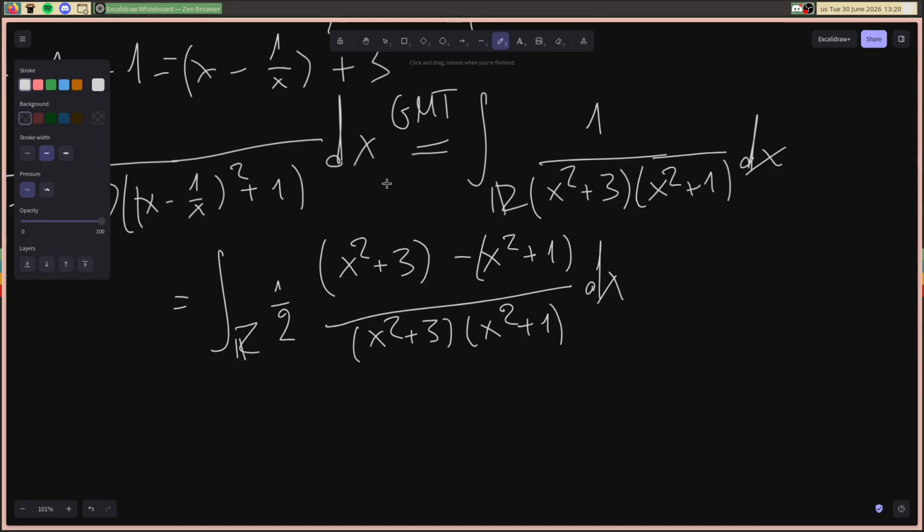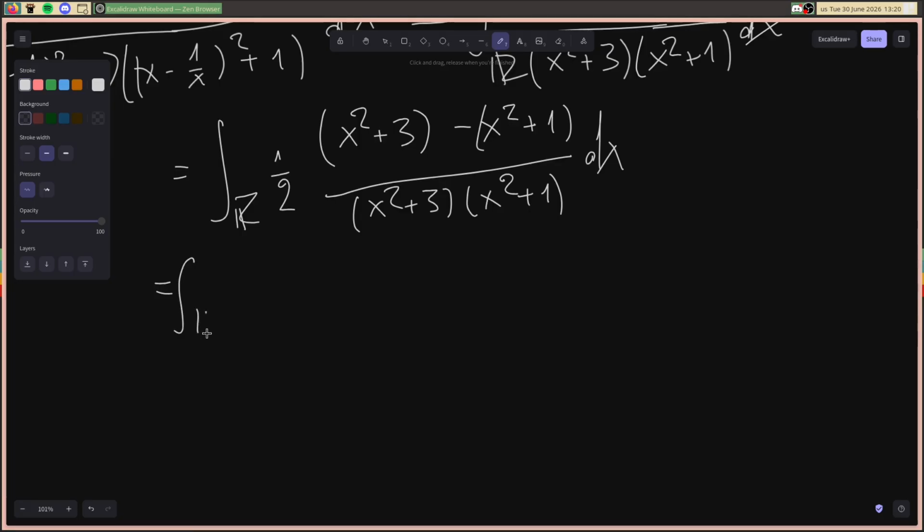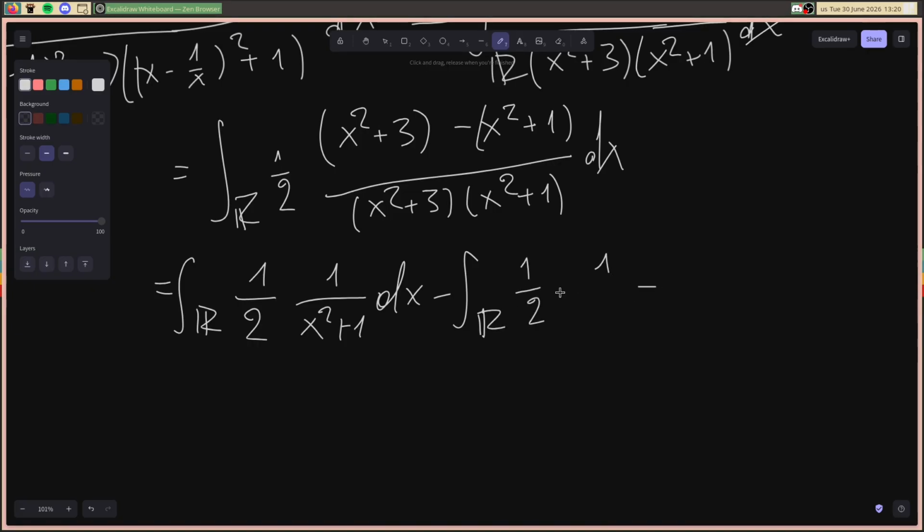And split this integral into two other parts. You get 1 over 2, 1 over x squared plus 1 dx minus 1 over 2, 1 over x squared plus 3 dx.